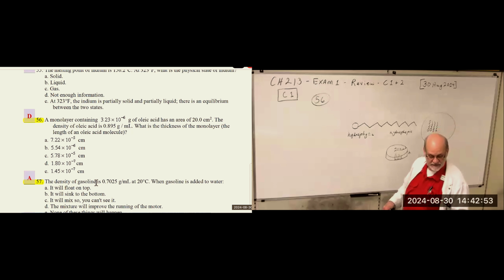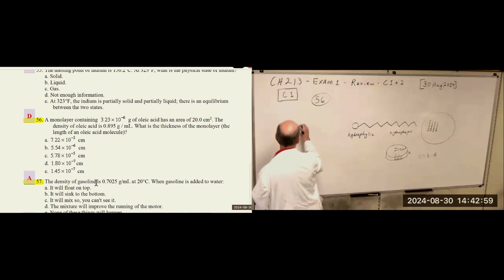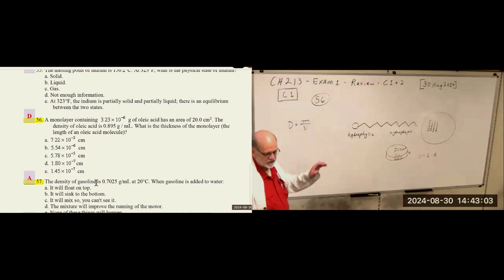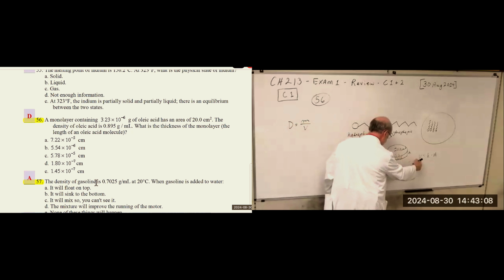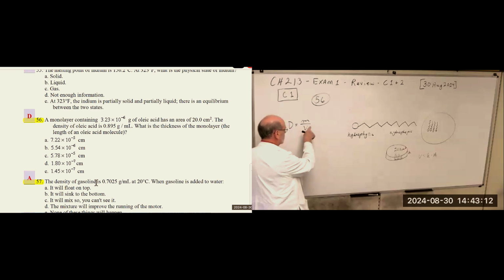Well, we're also given the density of oleic acid. We have the mass and the density. So the density equals mass per unit volume. This is one of those where you break it into a couple of parts. We need that right there, so this is an unknown. We know what the mass is.